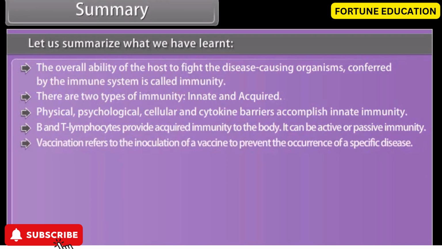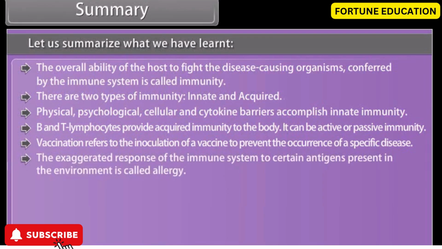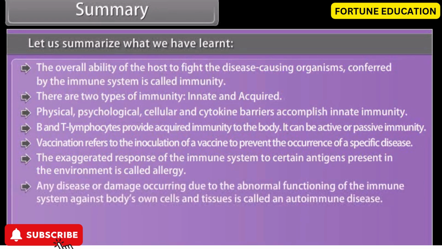Vaccination refers to the inoculation of a vaccine to prevent the occurrence of a specific disease. The exaggerated response of the immune system to certain antigens present in the environment is called allergy. Any disease or damage occurring due to the abnormal functioning of the immune system against the body's own cells and tissues is called an autoimmune disease.